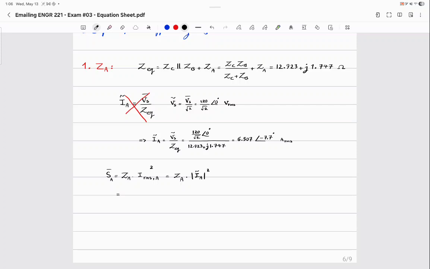Okay, what is ZA? ZA is given to you, is 6 plus J3 ohms multiplied by, this is the part that I'm going to start. Preston, what is the magnitude of IA tilde, or the I RMS A?